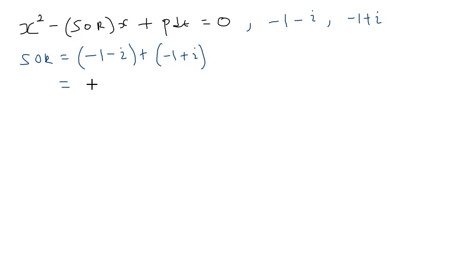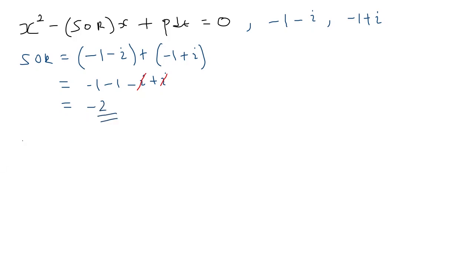If we simplify, collect like terms: -1 minus 1, then -i plus i. And you see that this and this go, so we remain with a -2. So the sum of roots is -2.